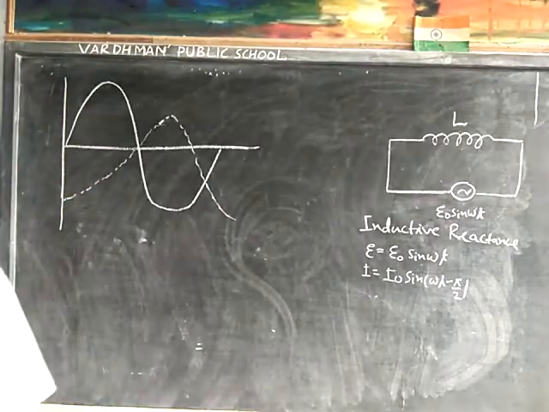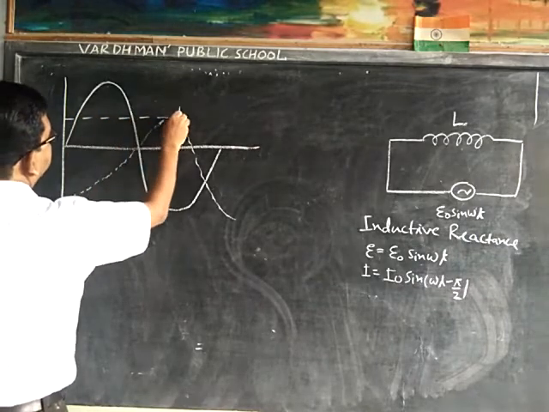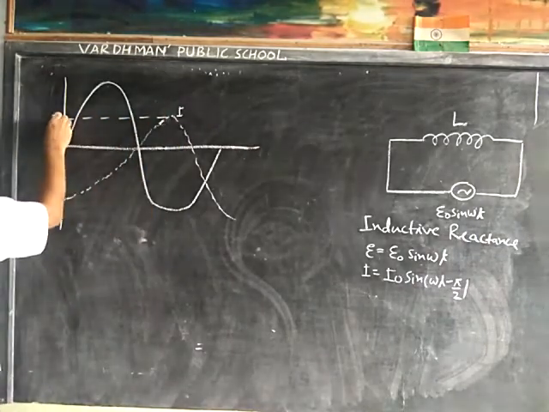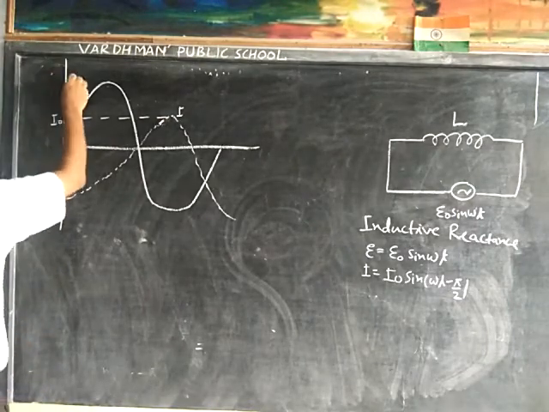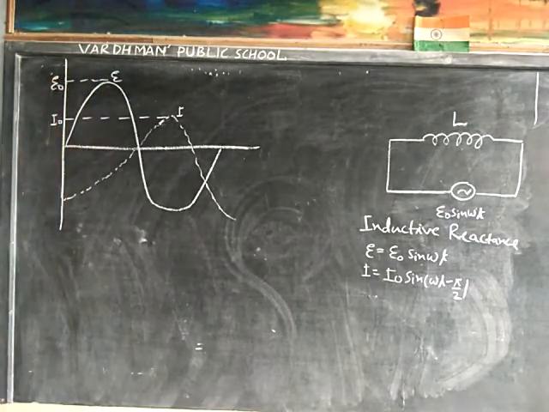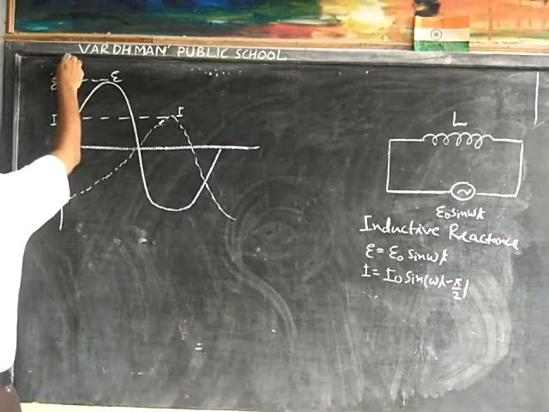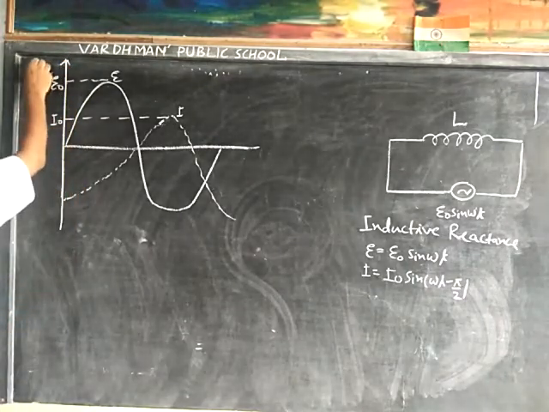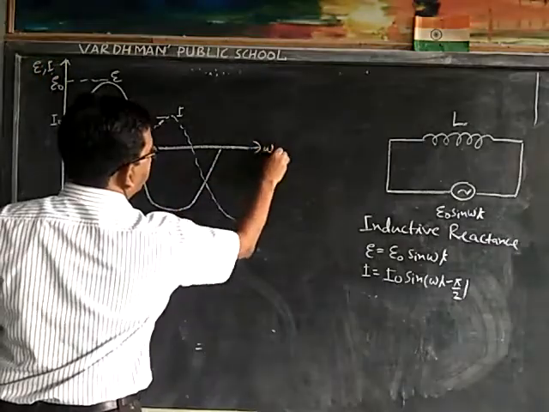Now this is the current I0 and the EMF E0. Graph of E and I versus omega t.